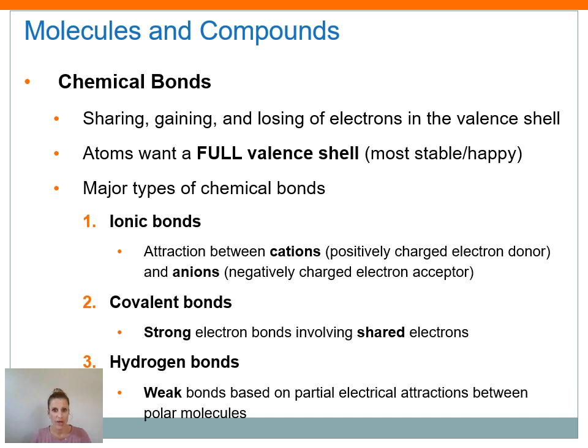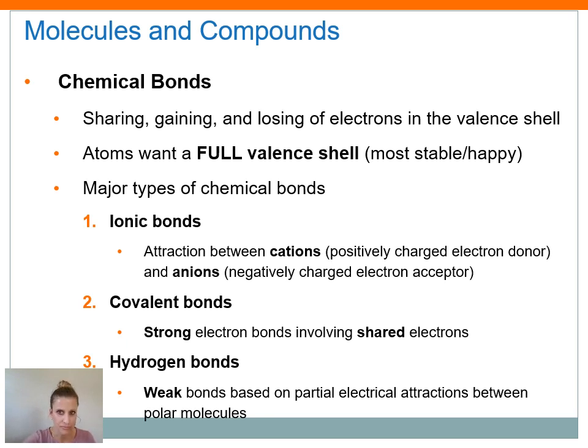Now, again, the reason that this happens, the reason that atoms will trade or share the electrons in their valence shell is to try and fill up that valence shell. Atoms want a full outer electron shell, a full valence shell. That's when they're happy, right? That's when they're most stable.